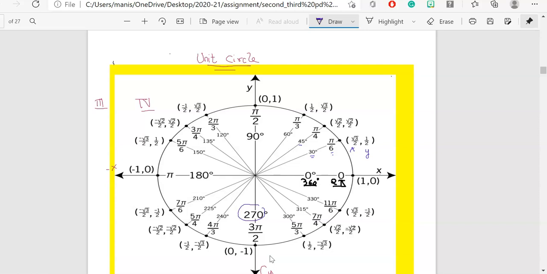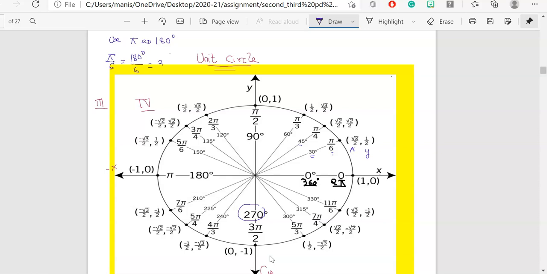Use pi as what? I'll write it over here. Use pi as 180 degrees. Why? Pi radians is equal to 180 degrees. So if I have pi over 6, as I told you, pi means 180 degrees, and 6 is over here.